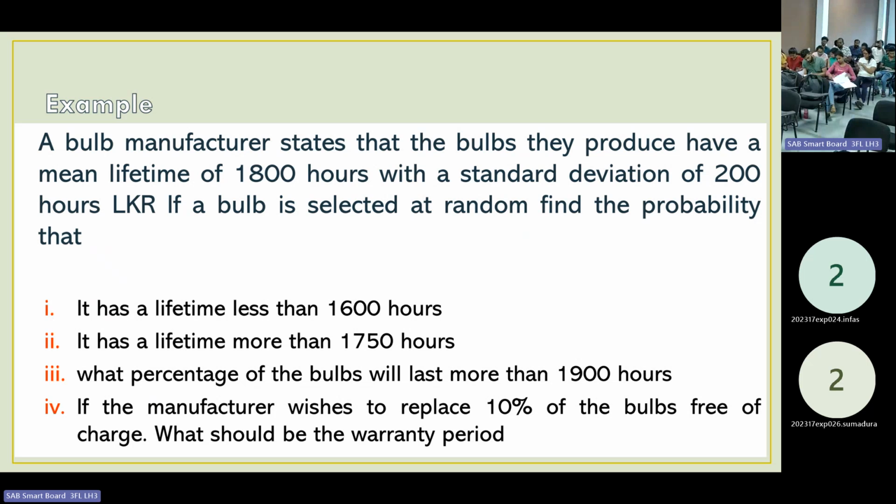It says a bulb manufacturer states that the bulbs they produce have a mean lifetime of 1,800 hours with a standard deviation of 200 hours.